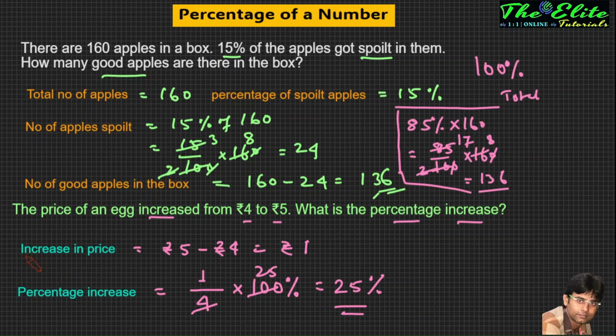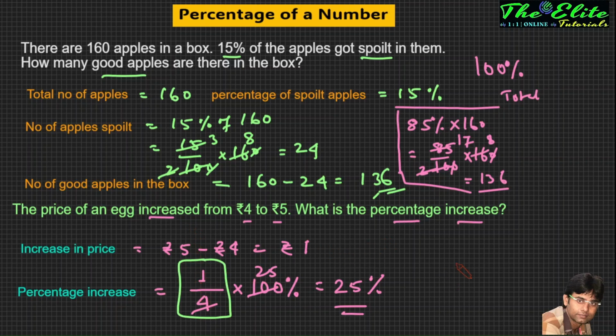So you can have some questions related to decrease in amount, like if the question was, the price of an egg decreased from 5 to 4, what is the percentage decrease? Just think of that, okay? So first you have to find what is going to be your fraction from the question. Here from this question the fraction was 1 upon 4.